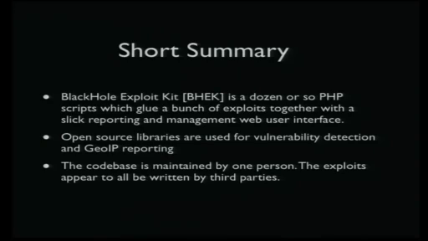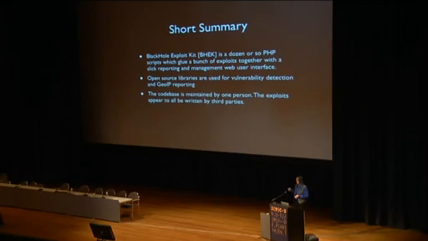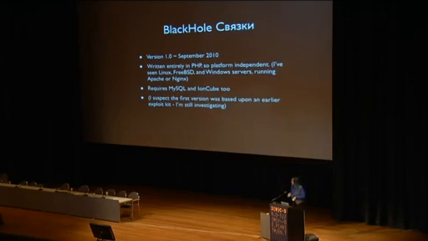Other than that, it's basically just a bunch of old exploits. Literally, they're not really any different from the same copies of the exploits you see everywhere else. Most of it is actually true for all exploit kits, really.